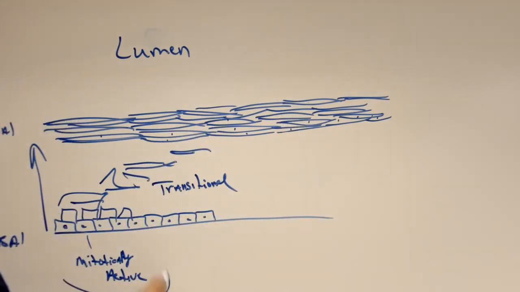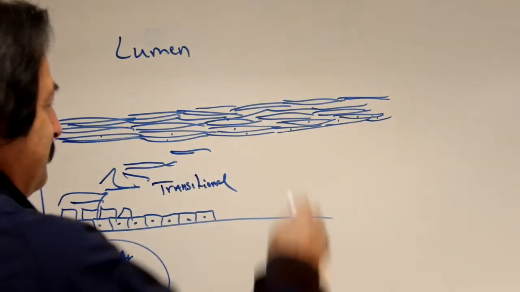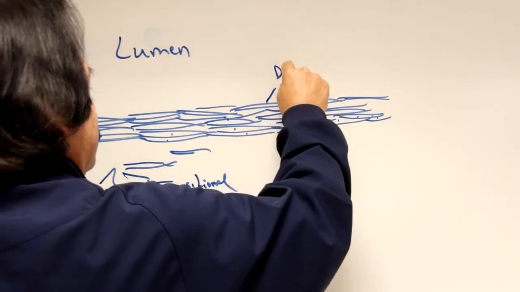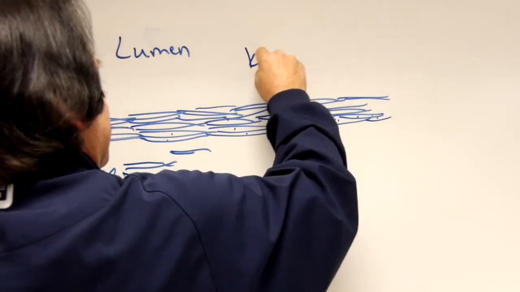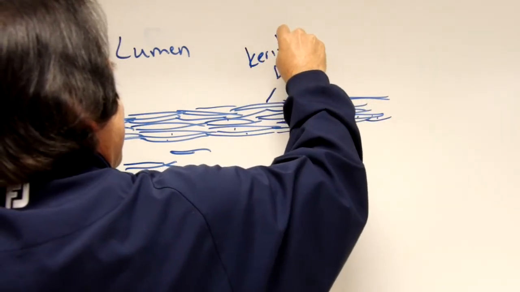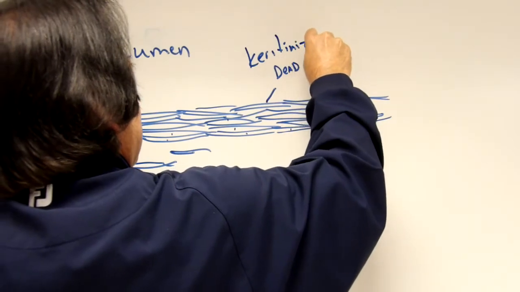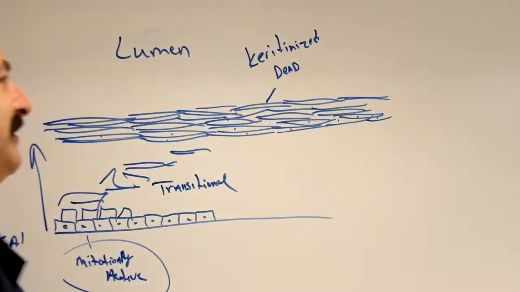If these cells at the basal layer are mitotically active, that is, they're dividing, mitosis, and these cells must be dead, we refer to them as being keratinized. The process of keratinization of cells is not a fully understandable process.